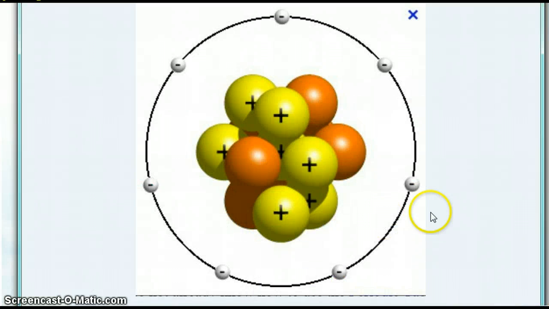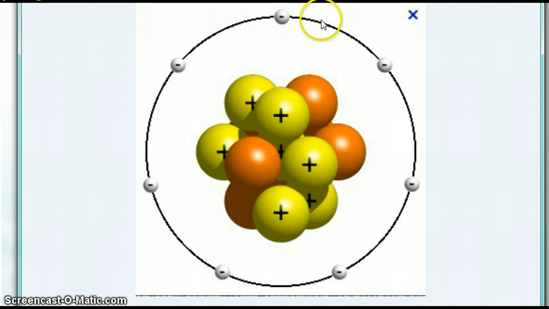So I'm going to bring up this picture. Inside here is the nucleus, and here we have the positive protons and the neutral neutrons that make up the nucleus. Going around it, making a shell, are the electrons.